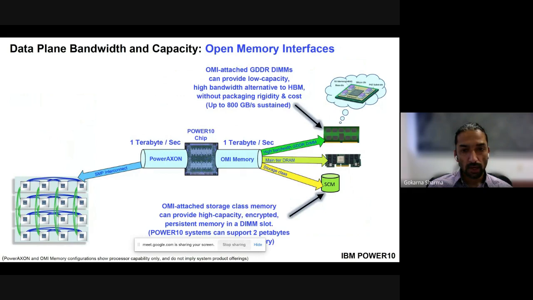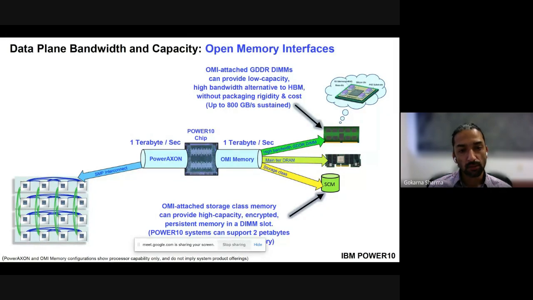Again, you have data plane bandwidth and capacity. For example, if you look here at the open memory interfaces, you can connect to many different classes of memories. For example, higher bandwidth DDR DIMM, which is the main tier DRAM memory, and storage class memory.